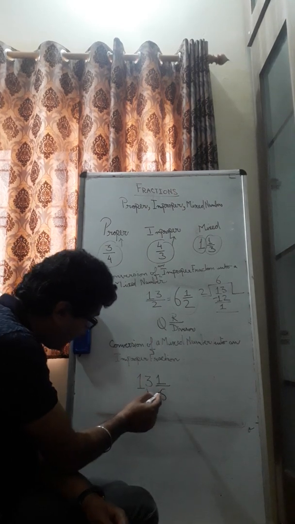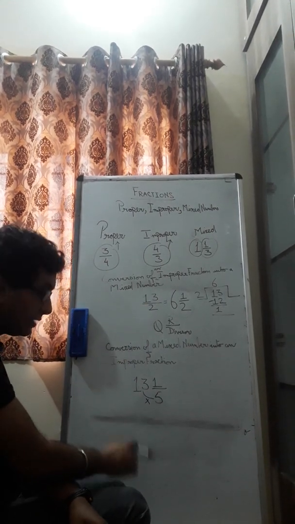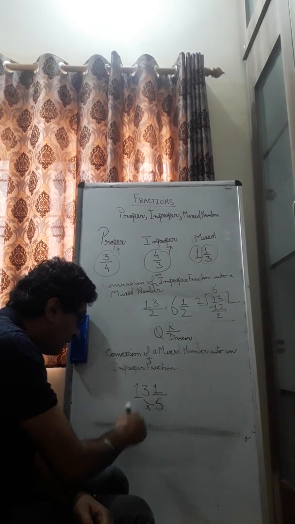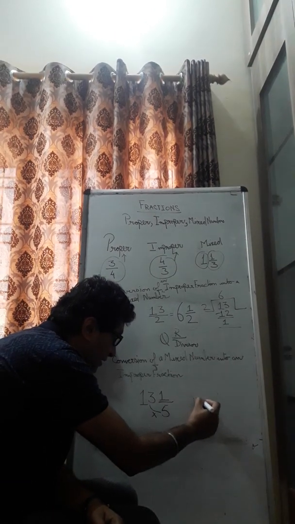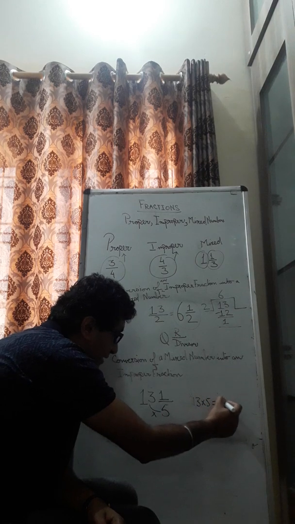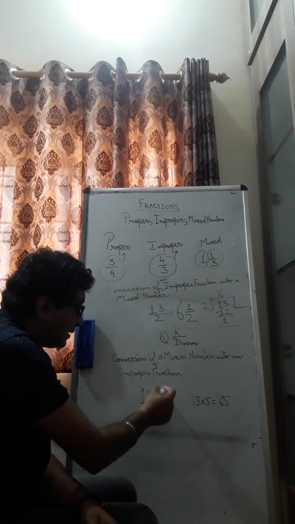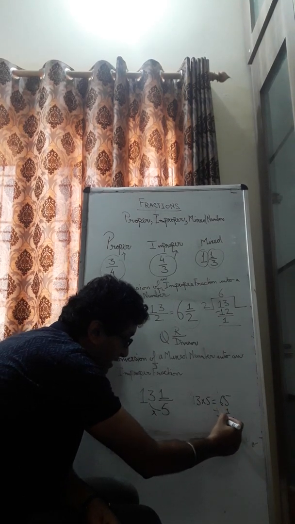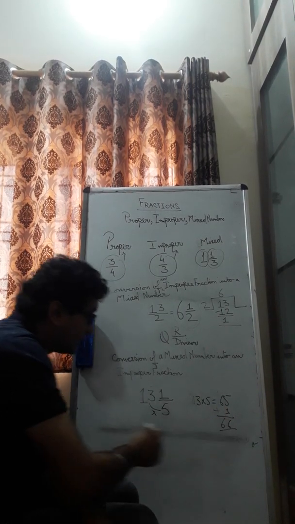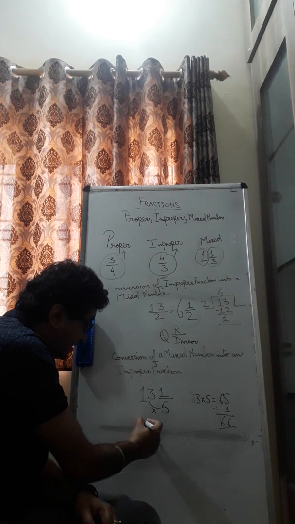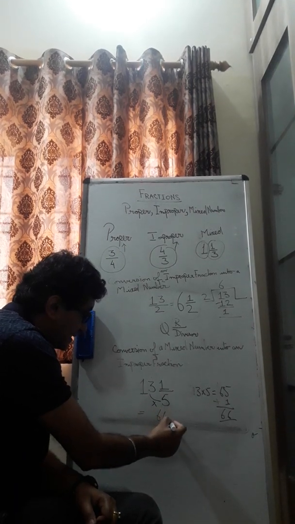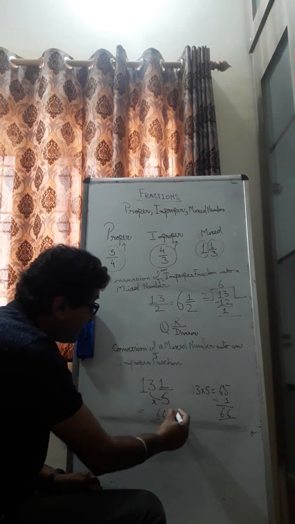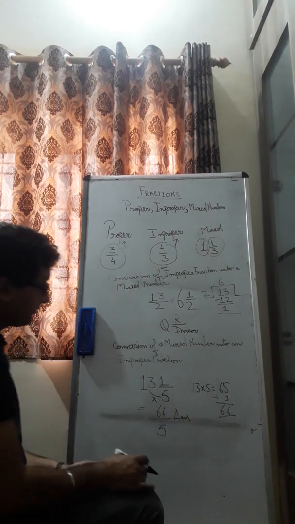You can even use basic maths: 50 plus 15, 65. So keep 65 in your mind, or you can just write it somewhere here. 13 into 5 is 65. And how much should we add? Plus 1. 65 plus 1 is 66. So what's my answer? 66 is the numerator and 5 is the denominator. So 66 by 5 is my answer.